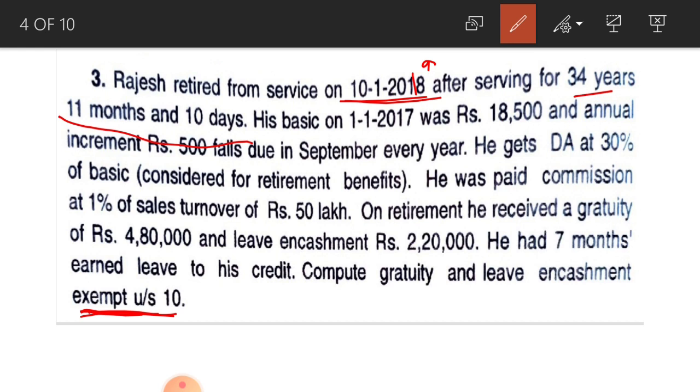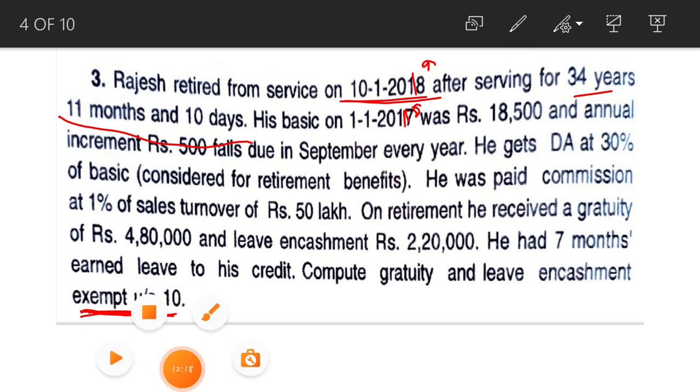Next, see, his basic on 1st January 2018 was rupees 18,500. This is in the previous year, that is starting of the year 2018. His salary, that is basic, amounts to rupees 18,500 and annual increment rupees 500 falls due in the month of September every year.